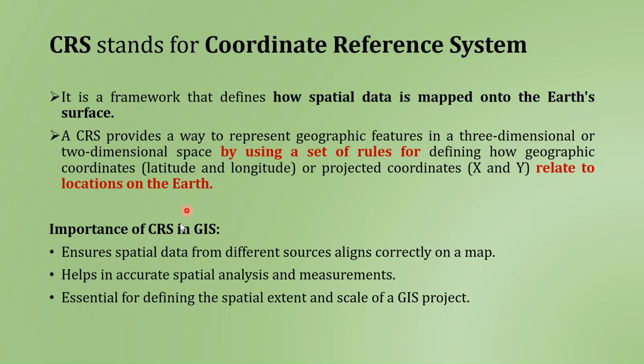Using the coordinate reference system in GIS ensures the spatial data from different sources align correctly on the map, and it helps in the accurate spatial analysis and the measurements essential for defining the spatial extent and the scale of a GIS project.